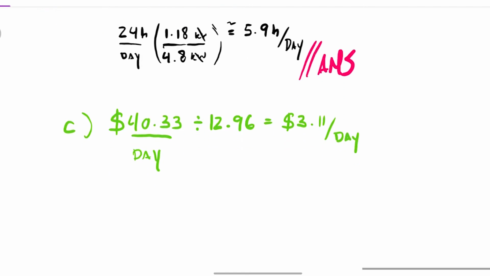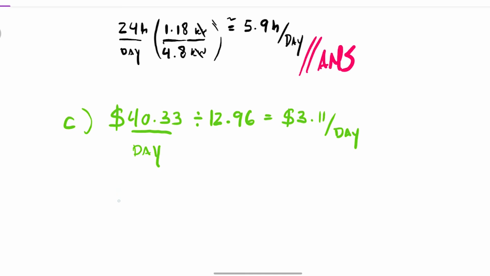Or the other way, which is the more intuitive way, I guess, and more straightforward in terms of numbers. I have the cost of electricity of $11 per kilowatt hour, and I am using a heat pump that operates at 4.8 kilowatts. So kilowatts and kilowatts go away.